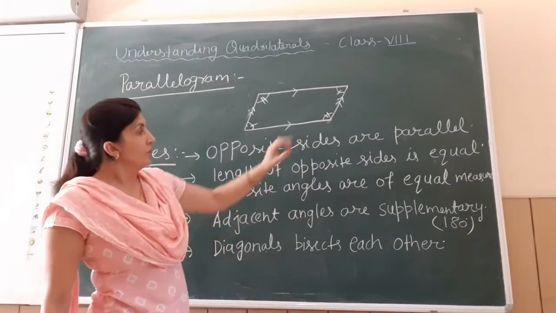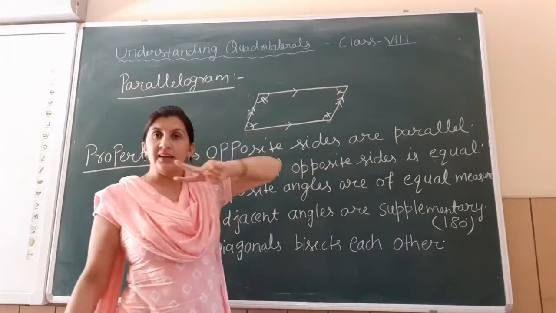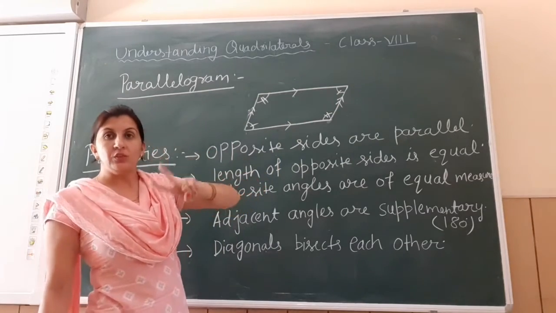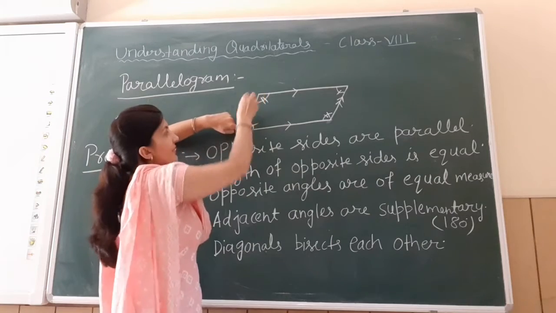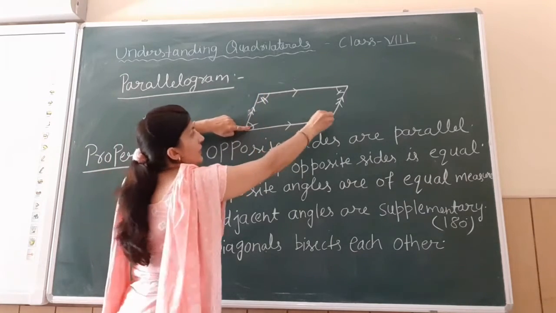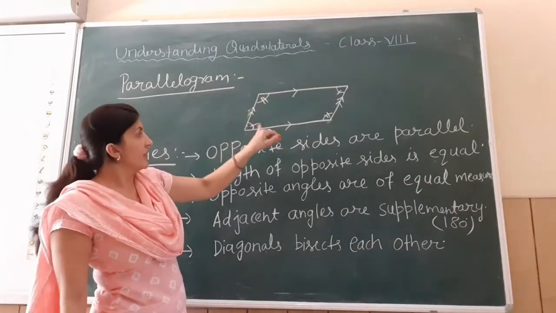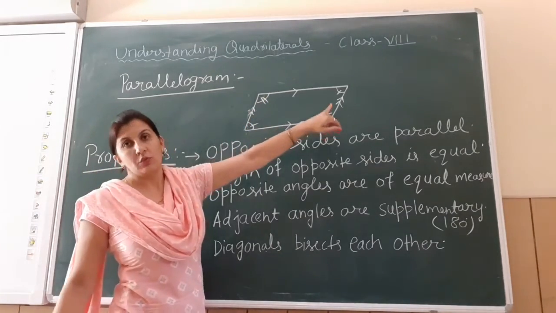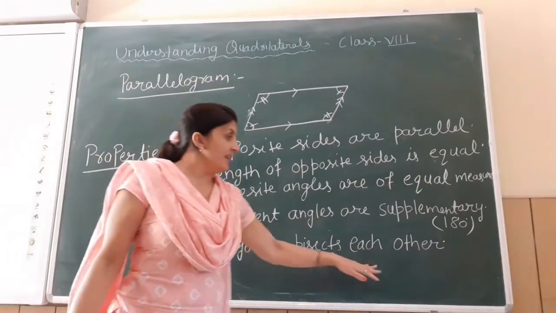Now these both are adjacent angles and these both are adjacent angles, meaning the angles which form a line. So the sum of this angle and this angle is 180, and the sum of these both will be 180 degrees.